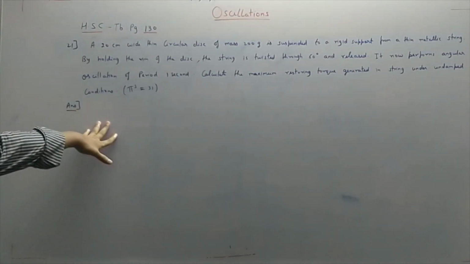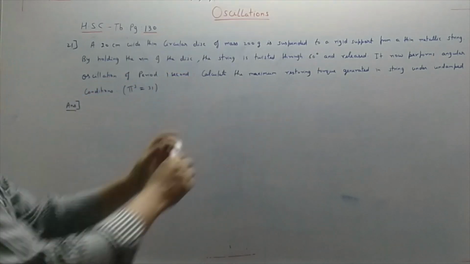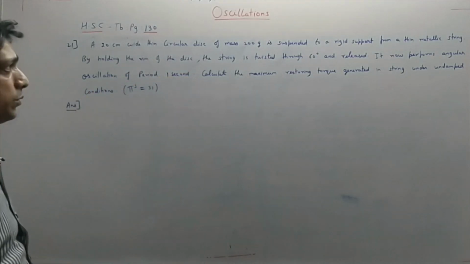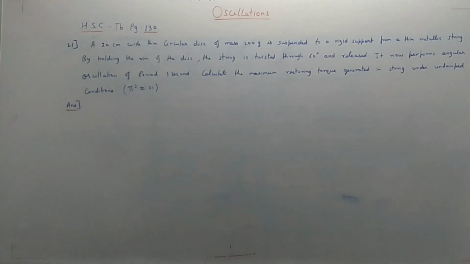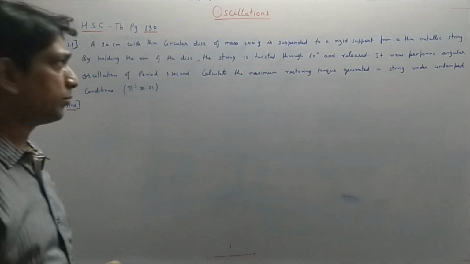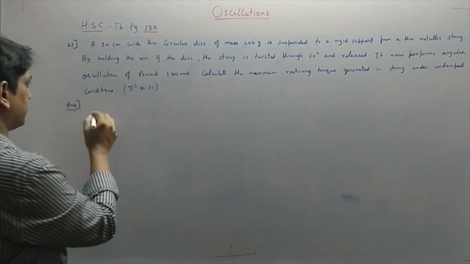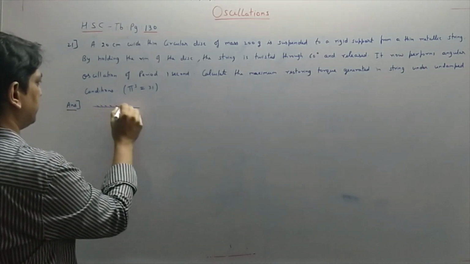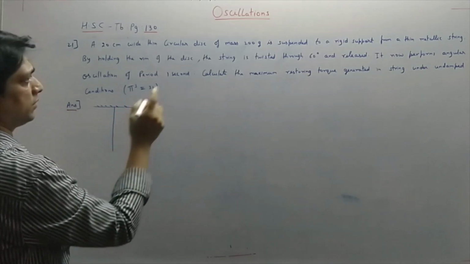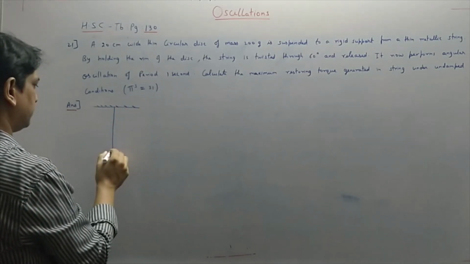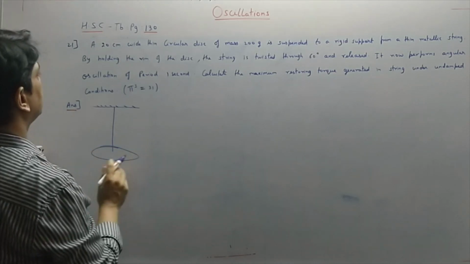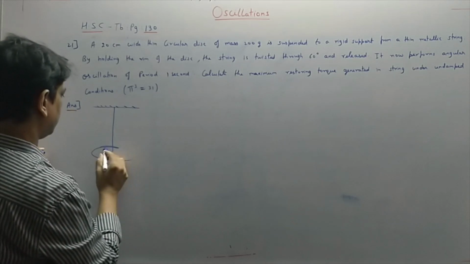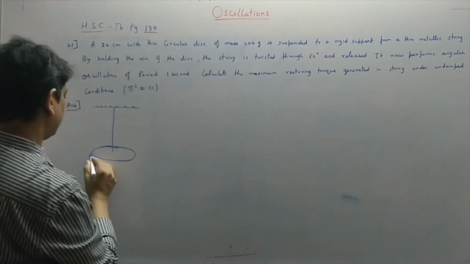We are having a 20 centimeter wide thin circular disc of mass 200 gram suspended from a rigid support by a thin metallic string. We have done this in the application of angular simple harmonic motion. You have already seen the diagram here. There was a rigid support, and then a metallic string connected to the center of the disc, with the rim.